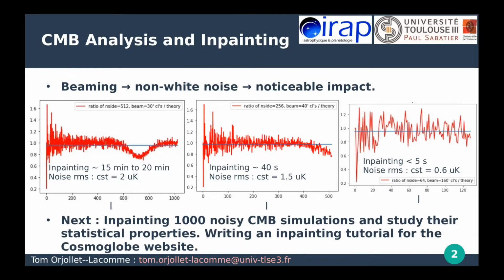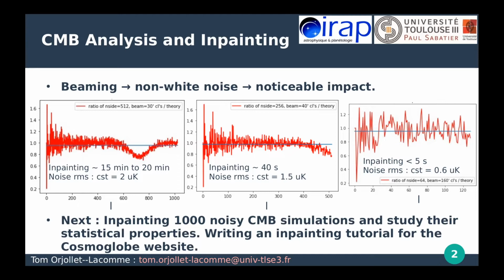For instance, the first two resolutions shown here, so Nside 512 and 256. It depends on the resolution, on the amplitude of the noise, and also on the beaming applied to the map. But what interests me now is the last figure, because we see no obvious deviation.